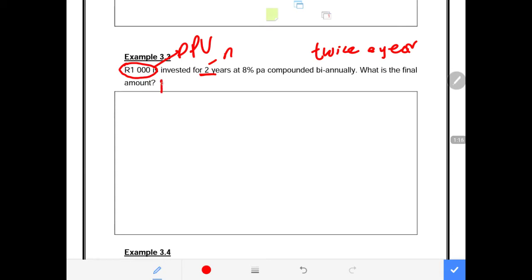And we know that the final amount is the future value that we are looking for. We are given the present value, we are given n, and we are given the interest percentage and the frequency of compounding in a year. So now that means we need, as required, to calculate the value at the end of the period, which is the sum accumulated.